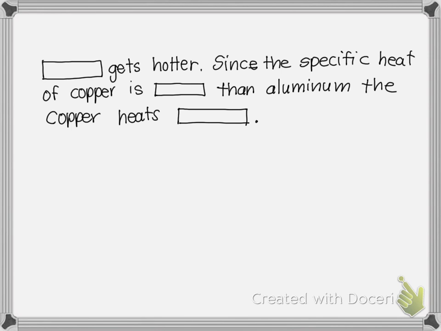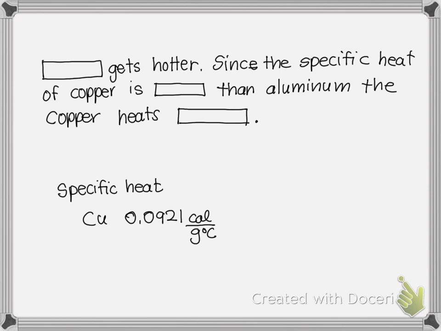So just to recall the specific heats. We have them here. Of copper is 0.0921. And then the specific heat of aluminum, they gave us these numbers in the problem.